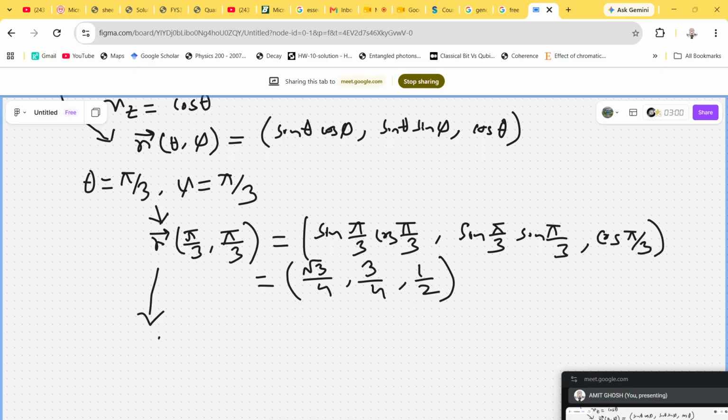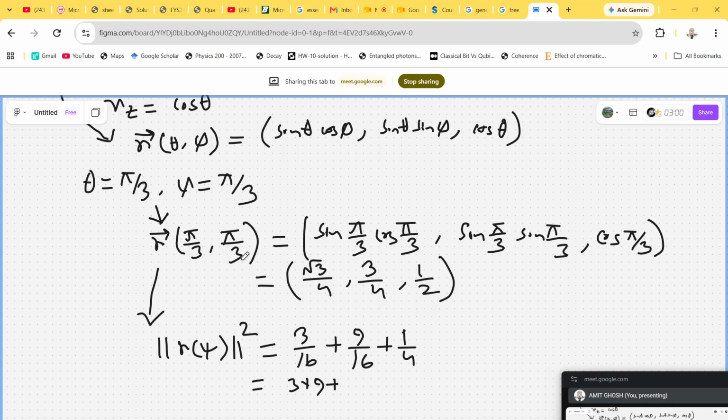And if you take the modulus of this, take the mod square, then you have 3 by 16 plus 9 by 16 plus 1 by 4. This is 3 plus 9 plus 4, by 16, equals 1. As it is a pure state, it has to be 1, right?